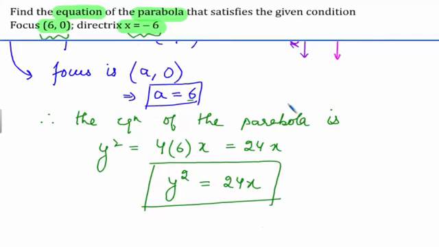In this question, we have to find the equation of the parabola that satisfies the condition that its focus is at the point (0, -3) and directrix is y = 3. Let's begin with the solution.